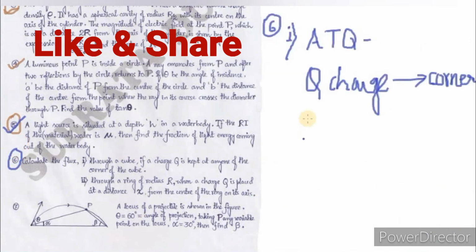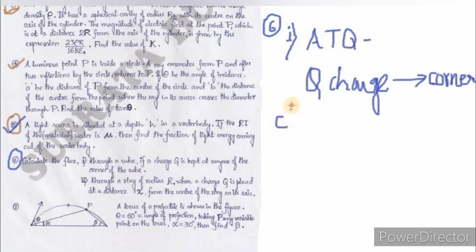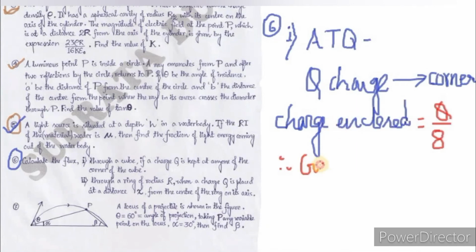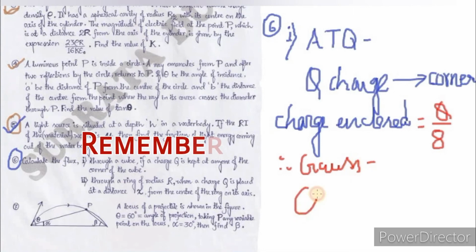Now number 6. When a charge is placed at the corner of a cube, we know the charge that is enclosed by that cube is 1/8 of it. So according to Gauss theorem, total charge enclosed divided by epsilon naught gives the total flux through that structure.